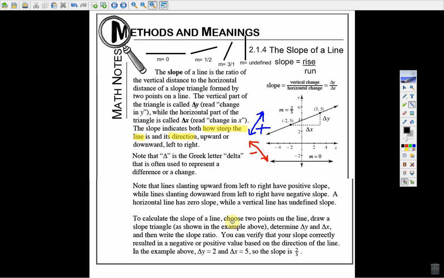So to calculate slope, you're going to choose 2 points on the line, like they've done here. Draw a slope triangle between them. So we draw a horizontal line from the lower point, a vertical line down from the higher point until it makes a right triangle. We will note a right angle right here.